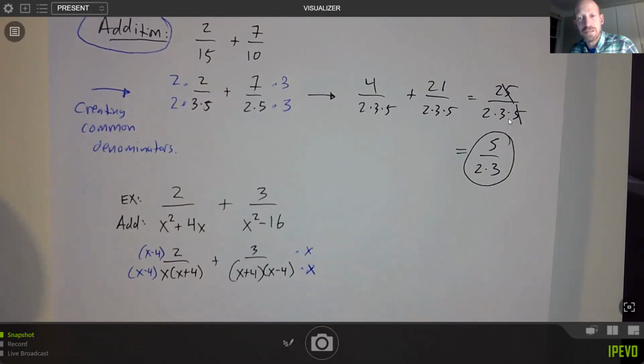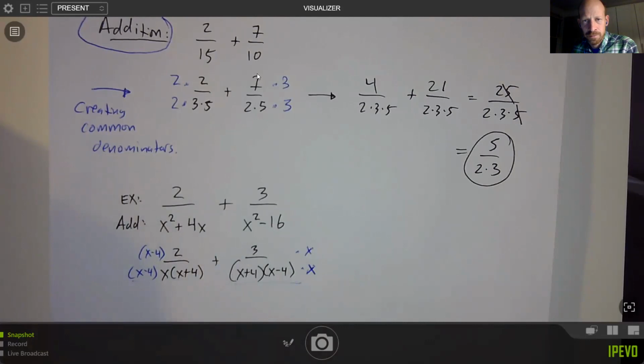Those are the missing factors that turn both of these denominators into the same three factors. They all now have an X minus 4, an X, and an X plus 4. So my next step is to multiply these numerators together so that I can add them.